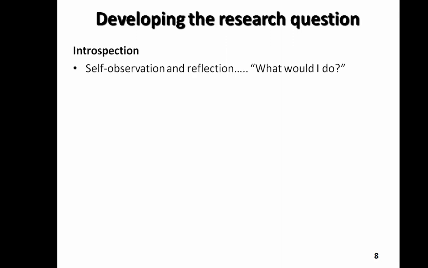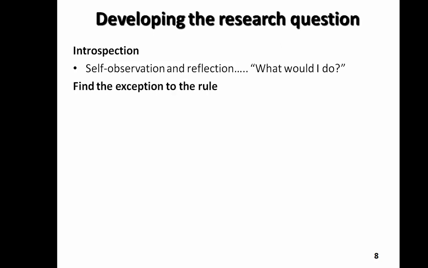One very important step is introspection, where the researcher will essentially reflect upon the information that has been gathered up to this point. And so through self-observation and reflection, the researcher will oftentimes instinctively ask, what would I do to address a particular social or scientific problem from a research perspective?